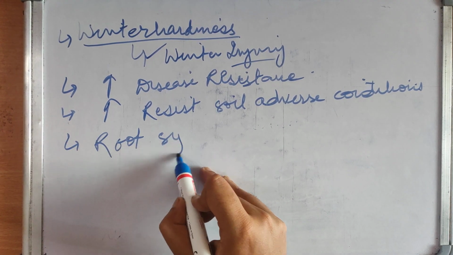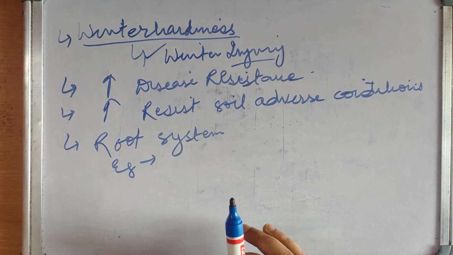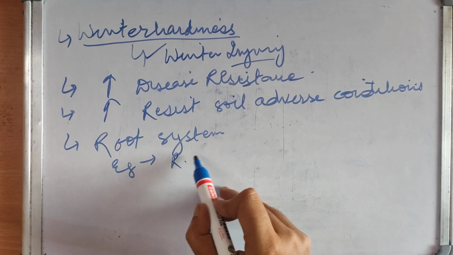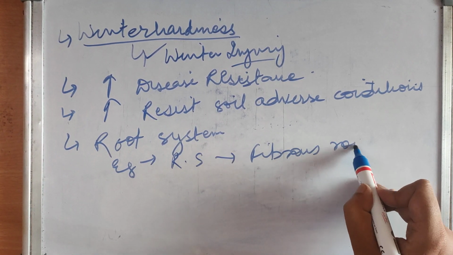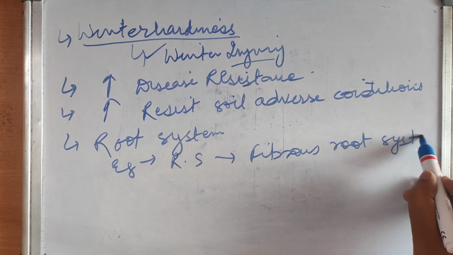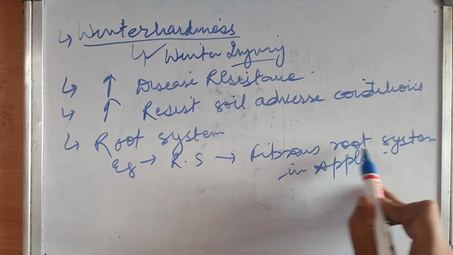They produce good root systems. For example, you can see that the root stock produced a very fibrous root system in apple.